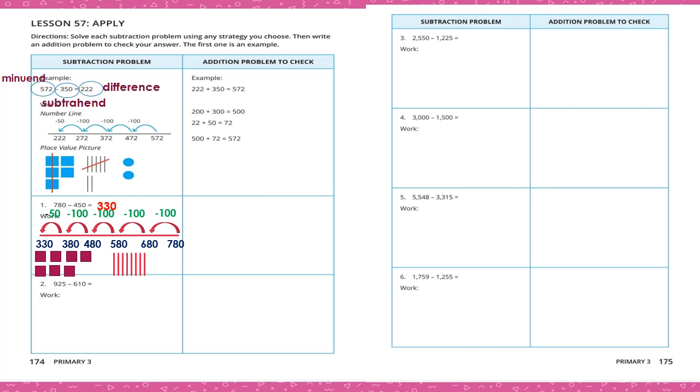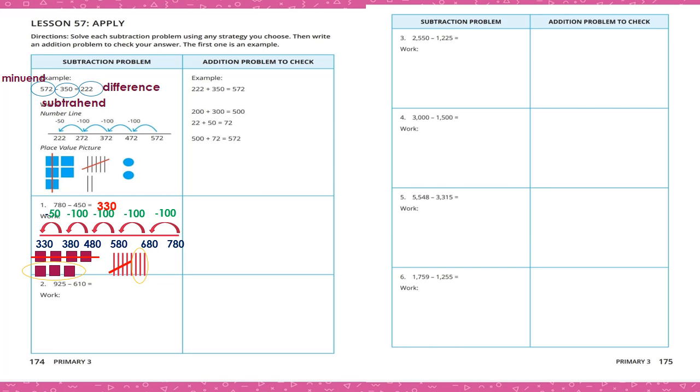We wanted to cancel 450. 400, it means cancel 4 big squares. 50 or 5 in tens, it means cancel 5 sticks. 0, the ones here is absent, so I don't draw anything in the ones. Here, the remainder of big squares equals 3, and the remainder of sticks also 3. So the result will be 330.